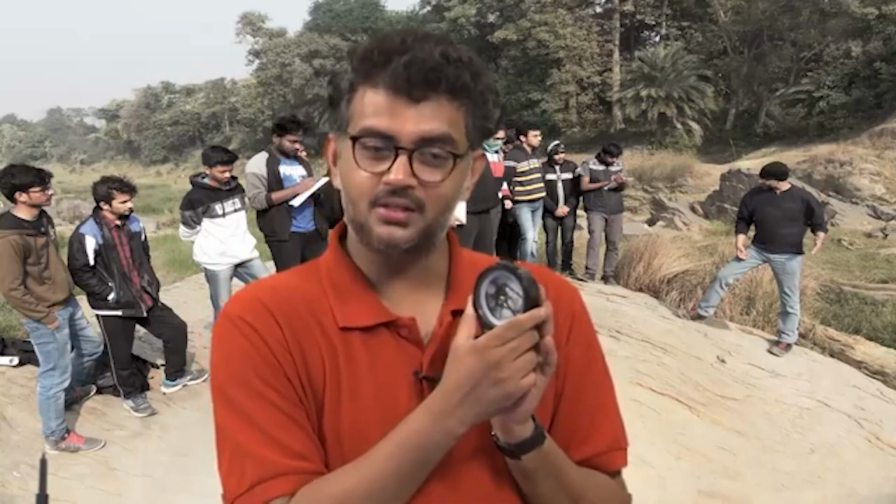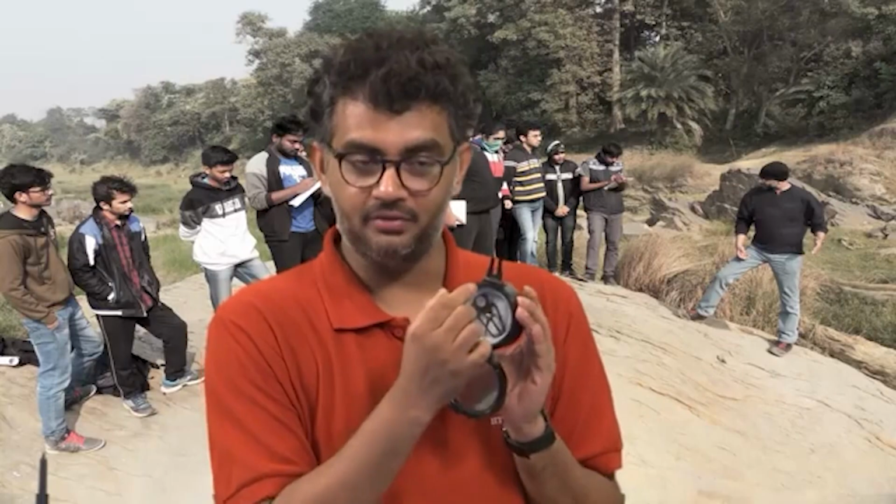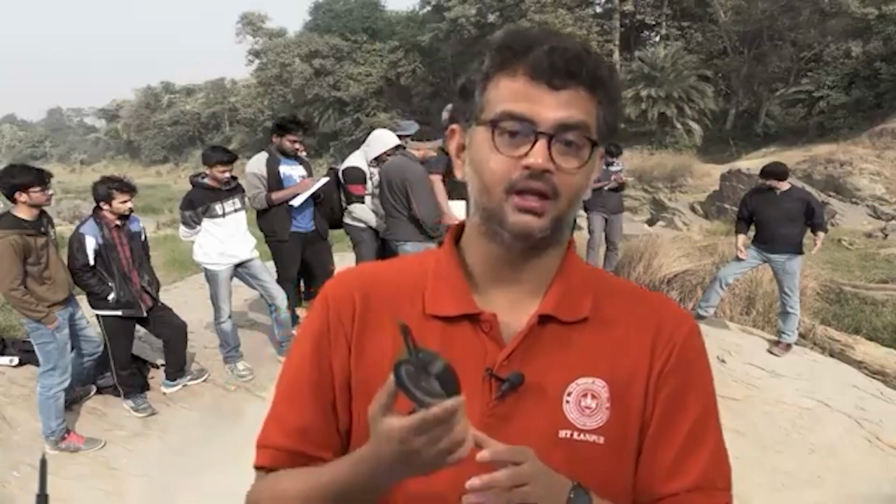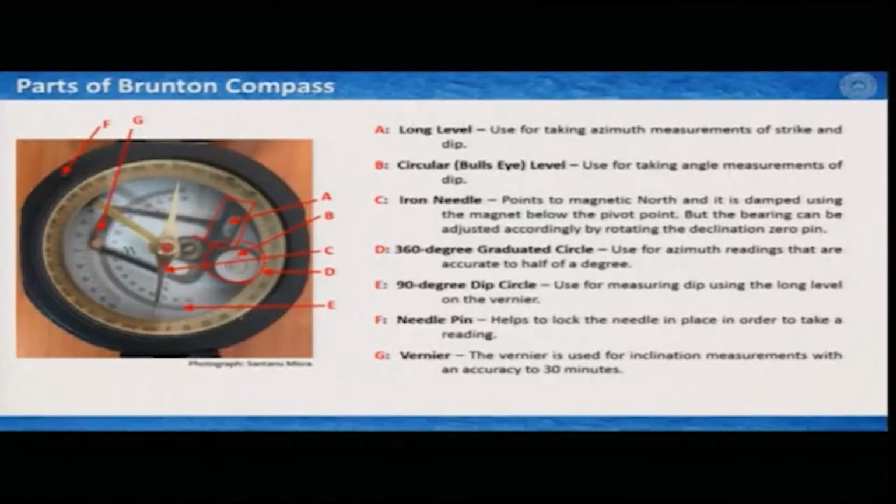You have to rotate it in such a way that the long level's bubble stays in the middle, and that makes sure that your compass is held in a vertical manner. So, holding it horizontal or vertical gives you the measurements along horizontal planes and along vertical planes respectively.